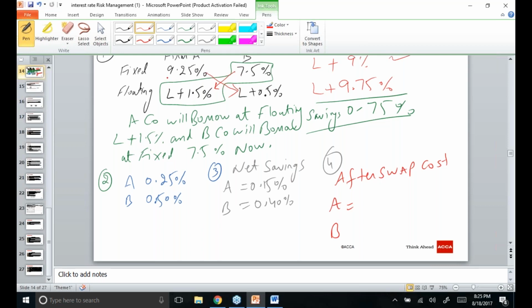And if A company directly borrows at fixed, it will cost 9.25%. But obviously because of this swap concept, it will be 0.15% cheaper.